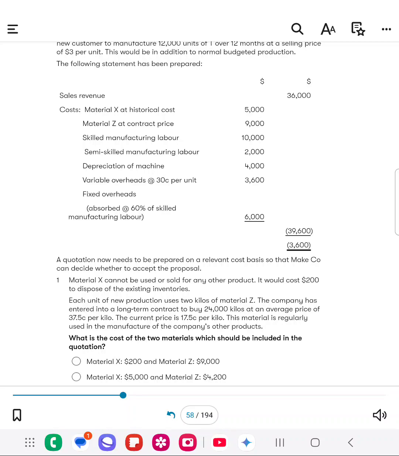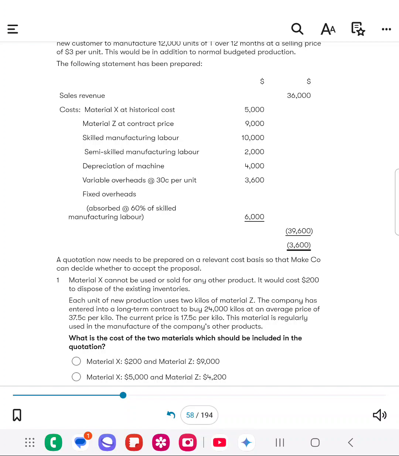Now if we talk about material Z, 2 kilos of material Z is required, and the company has entered into a long-term contract to buy 24,000 kilos. That means the requirement is for 24,000 kgs at an average price of 37.5 cents per kilo. So this is sunk cost, this is irrelevant, and the current price is 17.5.